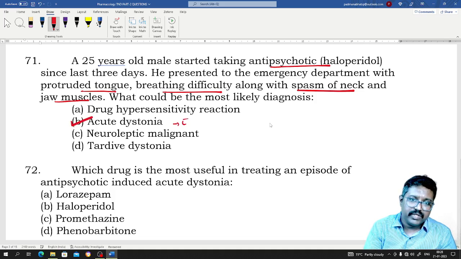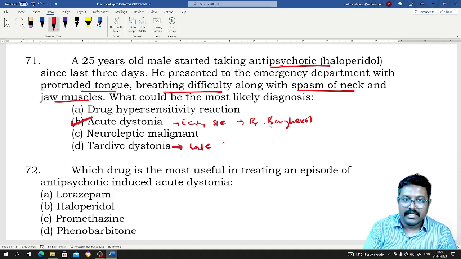Acute dystonia is an early side effect that we encounter, and the treatment will be benzexol. Apart from that, there is tardive dystonia, which is a very late side effect to occur, and the treatment will be valbenazine.